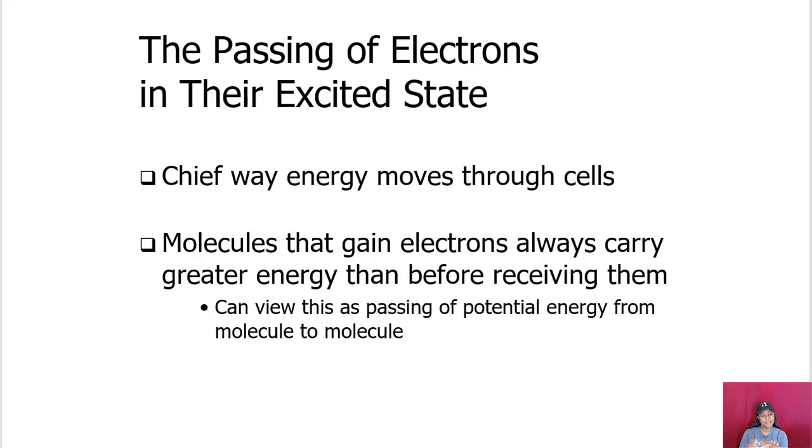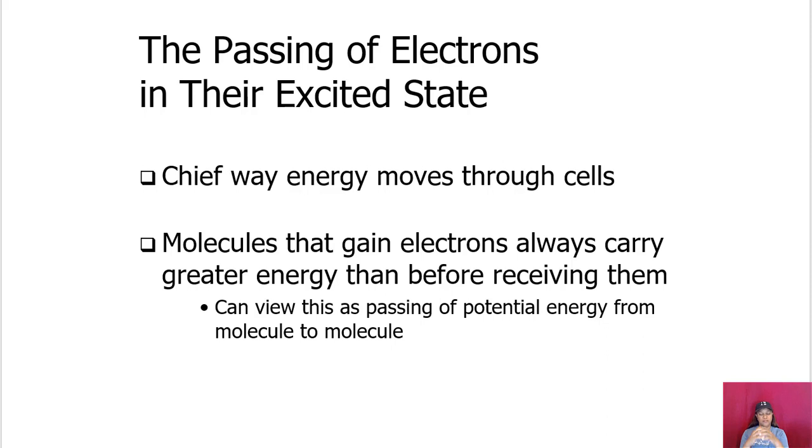So the passing of electrons in their excited state is a chief way that energy moves through cells. Molecules that gain electrons through this excited state, an electron jumps over, right? Molecules that gain electrons always carry greater energy than before receiving them.